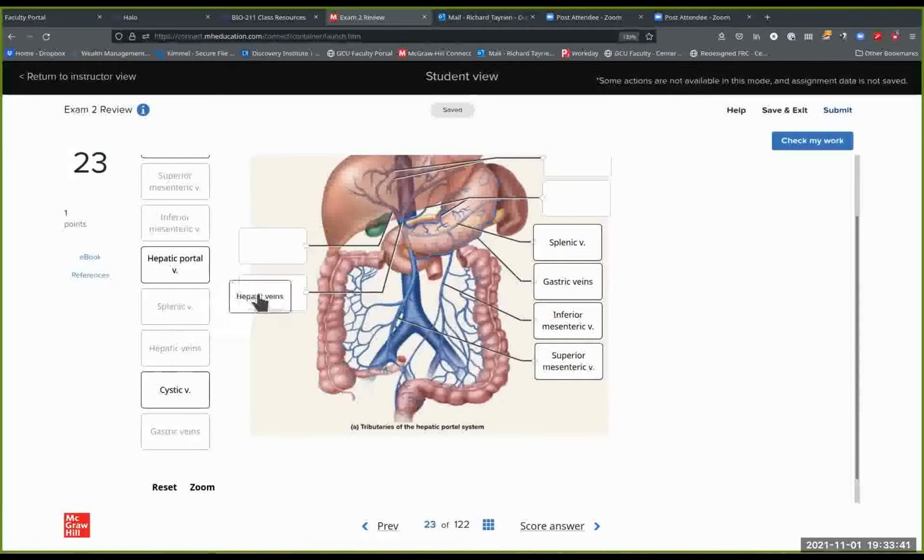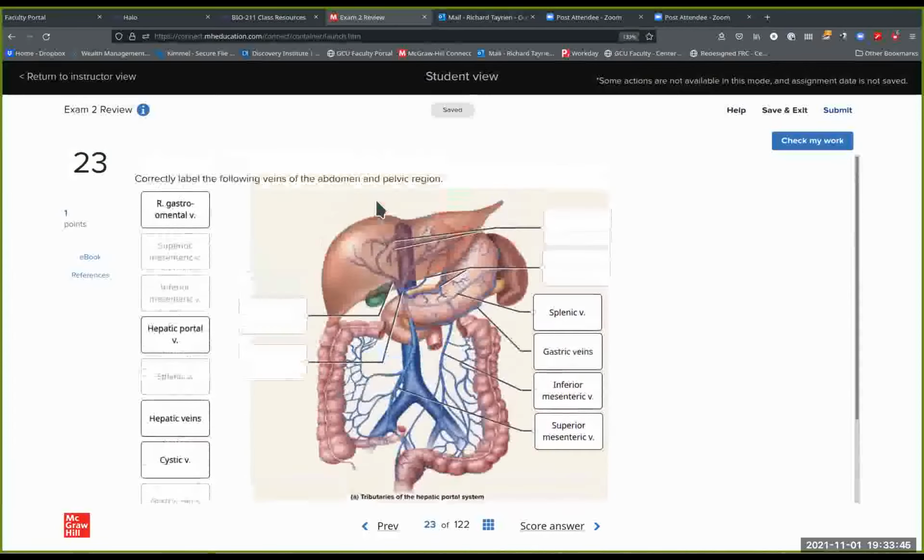So hepatic veins are up here, where the liver empties into the inferior vena cava. Hepatic portal vein is there, hepatic veins empty into the inferior vena cava.